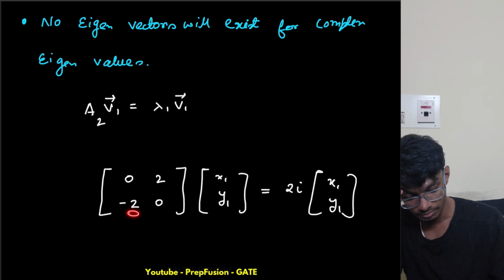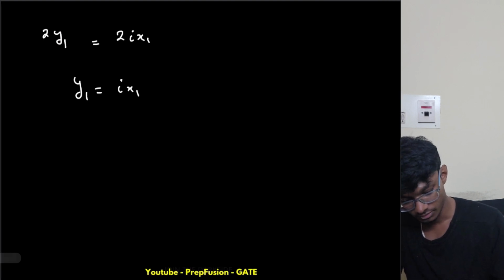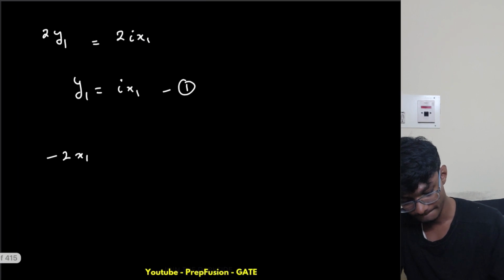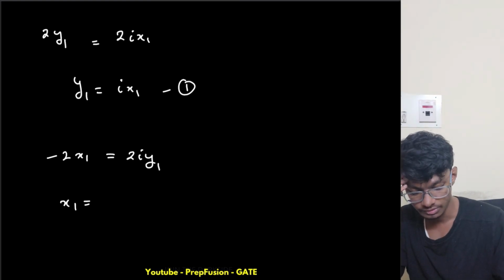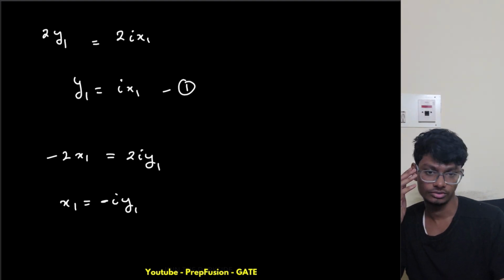The second equation is minus 2 times x1 equals 2i y1. So what is x1 equal to? x1 equals minus i y1.